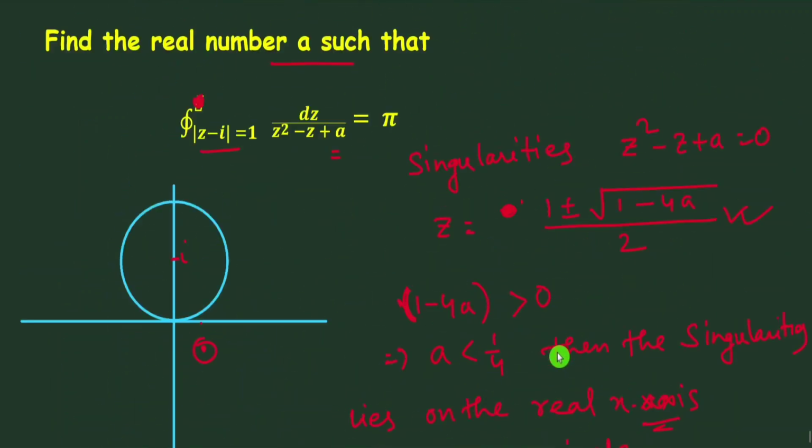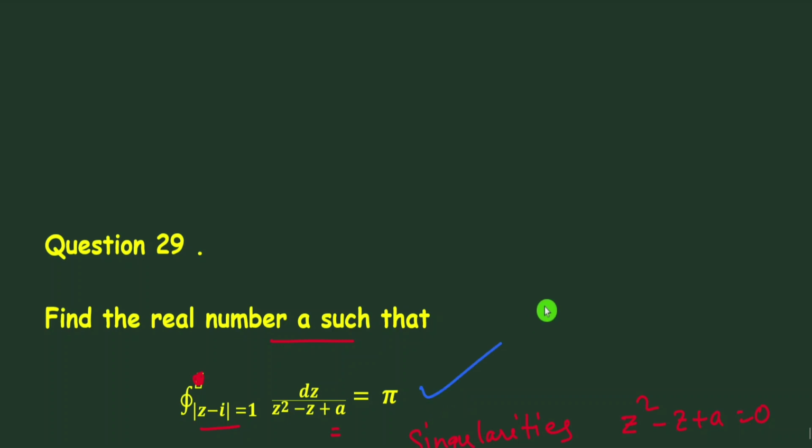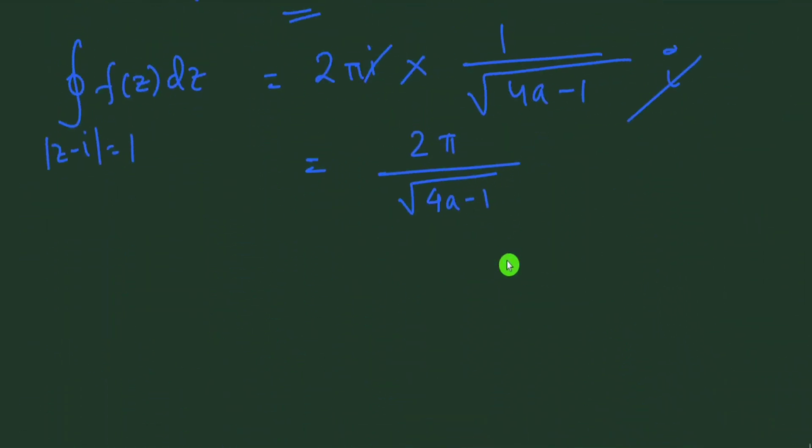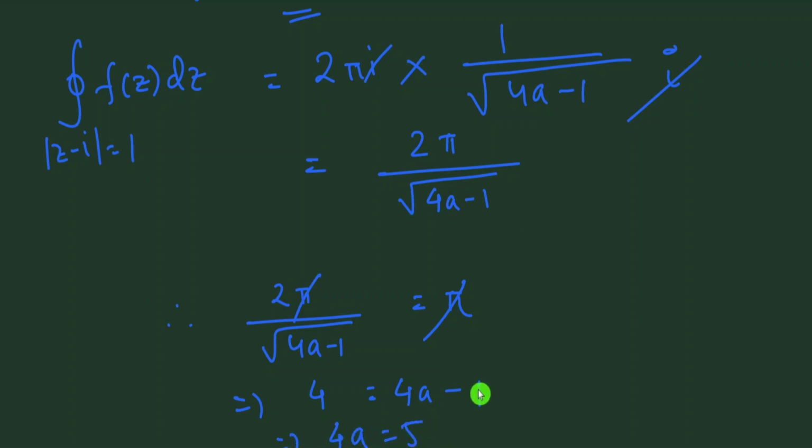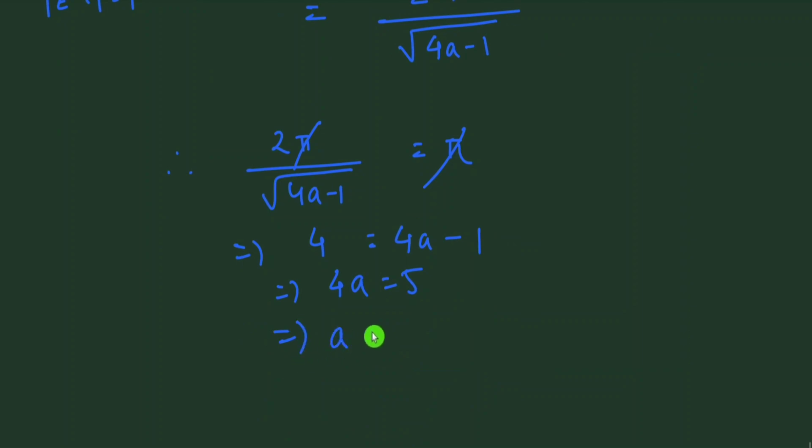Now given that the value of the integration in the question is equal to pi, we should equate this to pi. So 2 pi by root under 4a minus 1 is equal to pi, pi cancels on both sides, we square, and then we get 4 equal to 4a minus 1, this gives 4a equal to 5, that means a equal to 5 by 4.